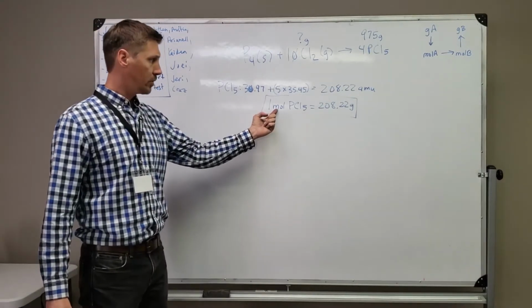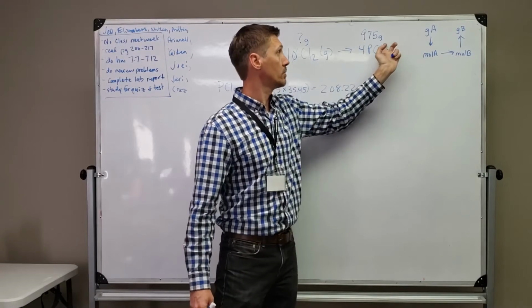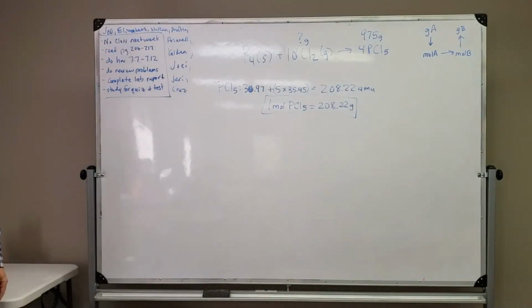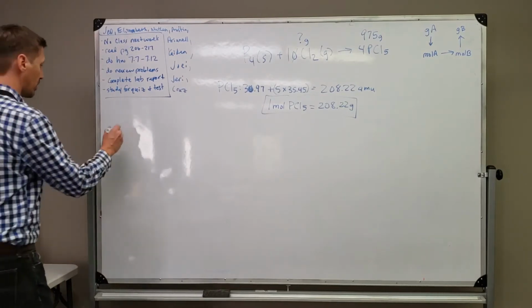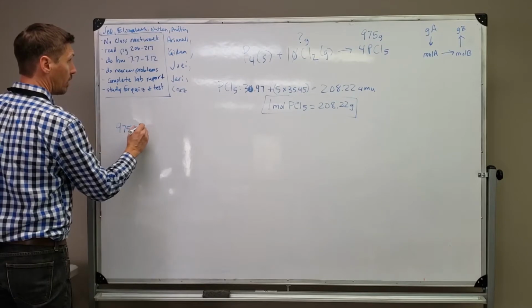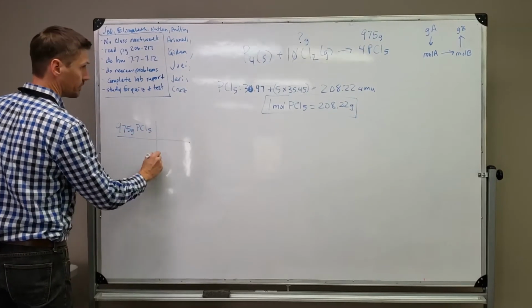Now I have a conversion relationship that will allow me to go from grams of substance A to moles of substance A. So let's do that. We started off with 975 grams of PCl5, and we want to convert that to moles.